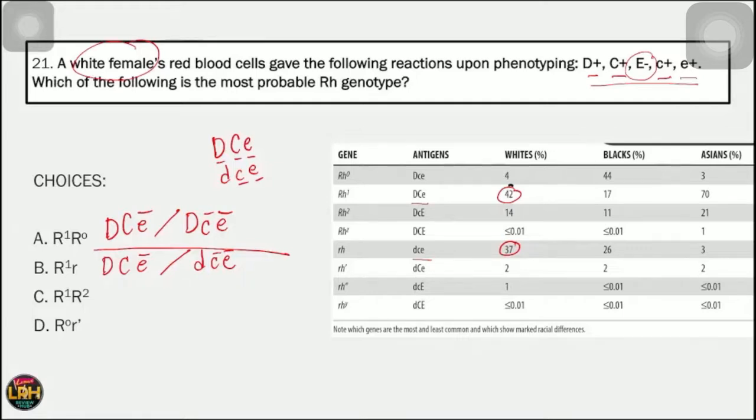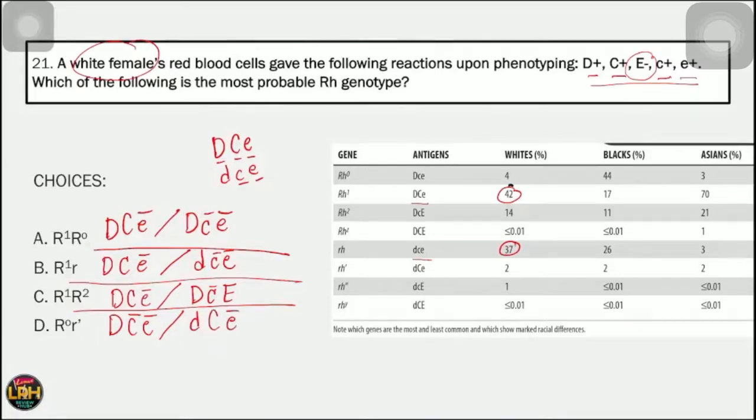For R1 and R2, we have the big D, big C, small e, and big D, small c, and big E. For big R0 and small r apostrophe, we have your D, c, small e, and small d, big C, and small e.